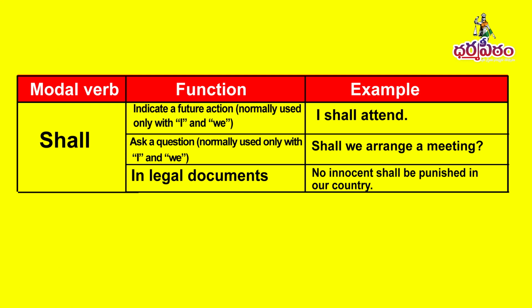So how can we ask it? Shall I help you? Shall I do something? Not will I help you? So if you have to express future tense with the first personal pronoun I or we, or if we have to create a question based on that, again we have to use shall.